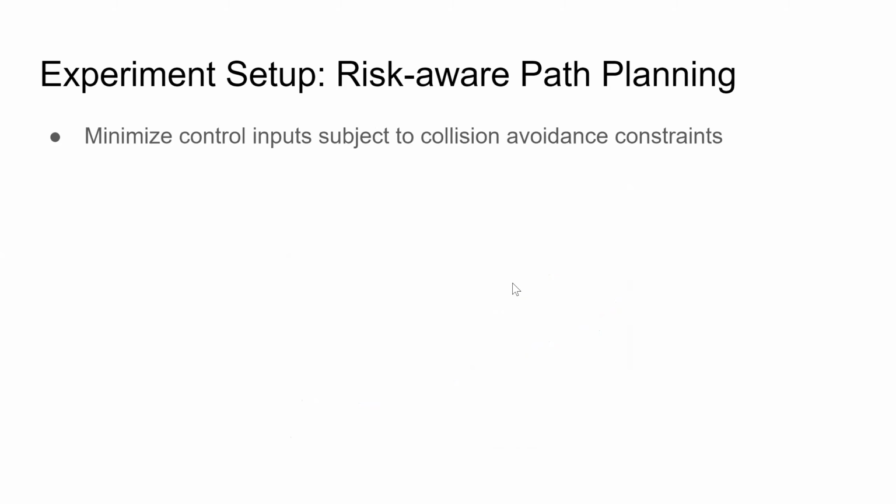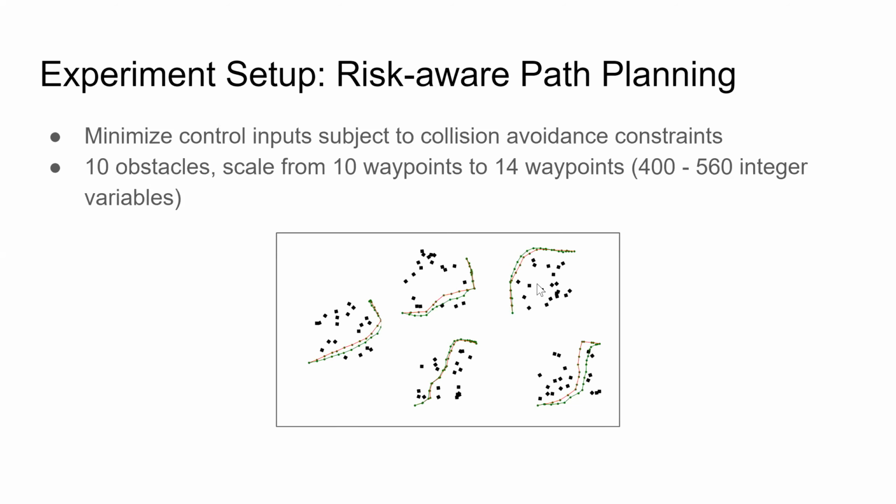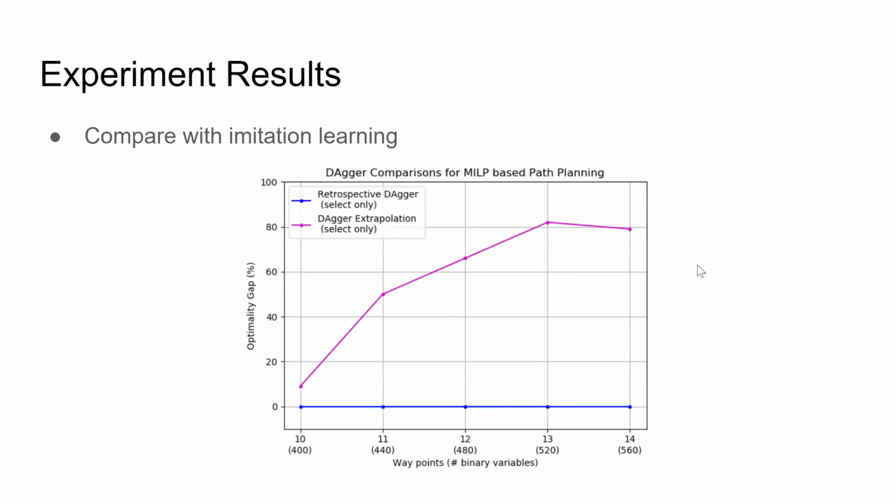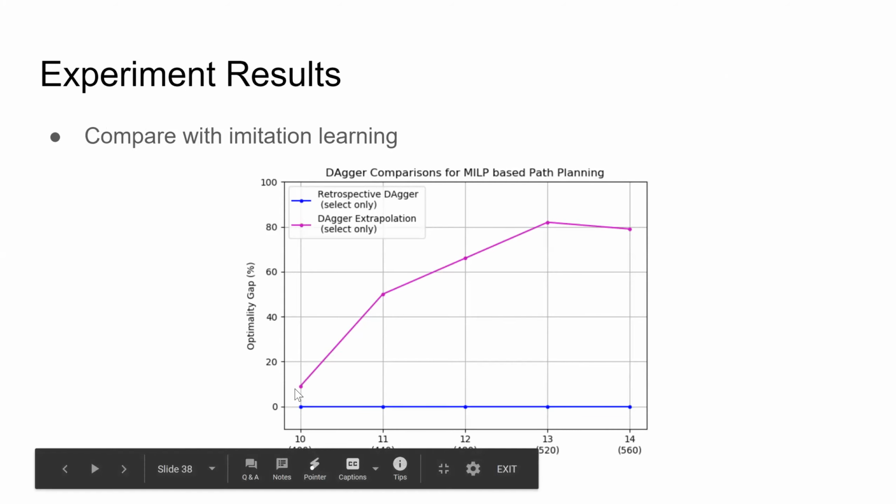And for practice, that's kind of the toy example. For practical, we do experiments on risk-aware path planning. Here we're scaling up from 400 integer variables to 560 integer variables. And again, we compare with imitation learning. Here I only show the DAgger extrapolation.